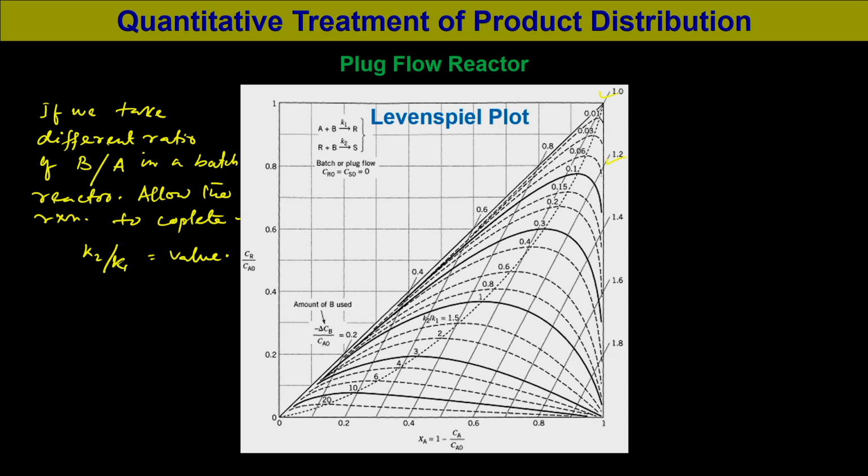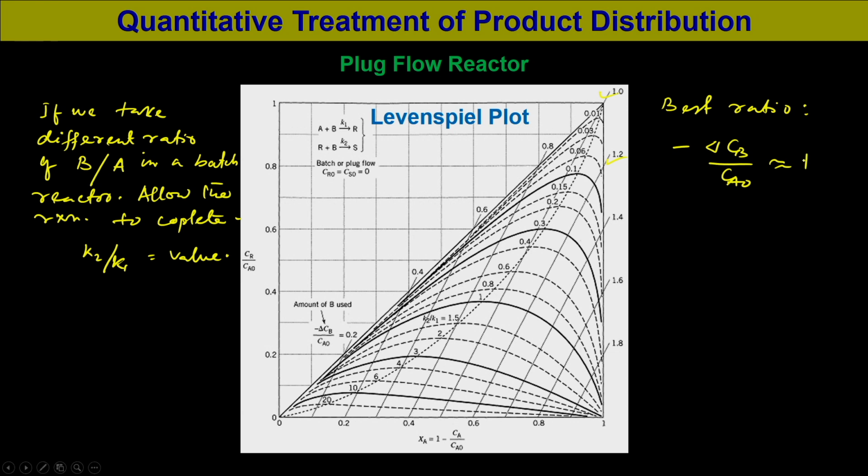The best ratio would be when delta Cb by Ca naught is approximately equal to 1.